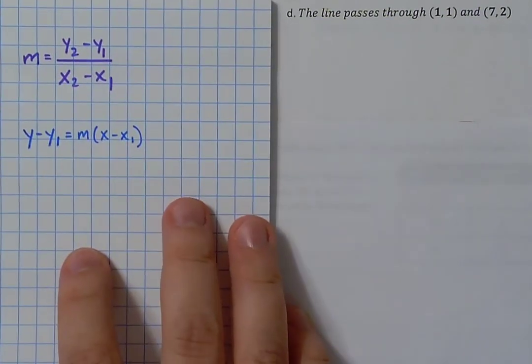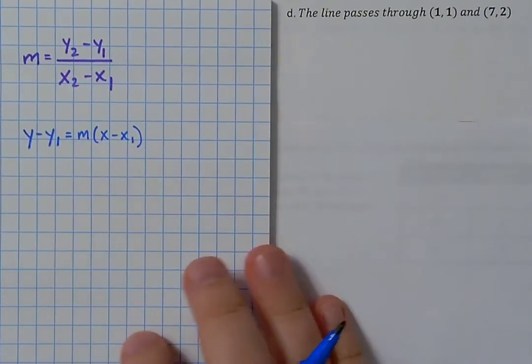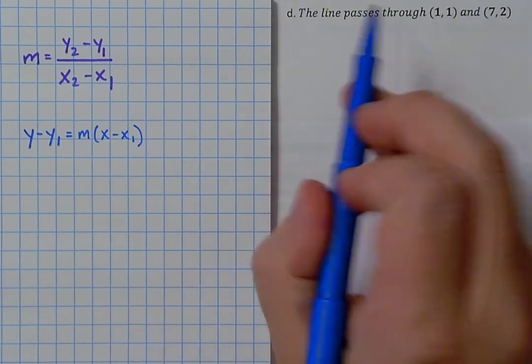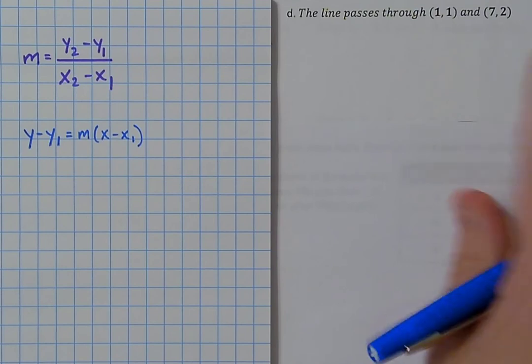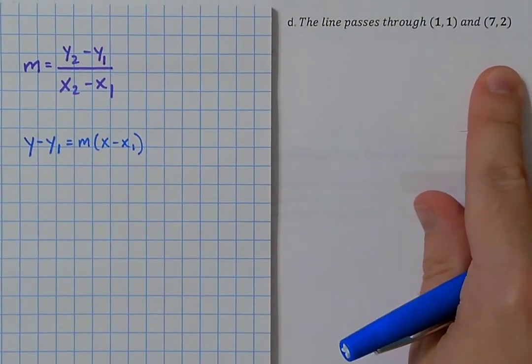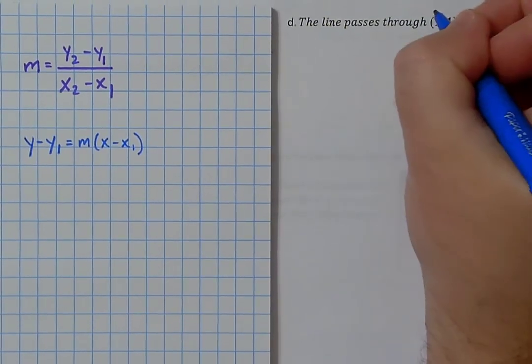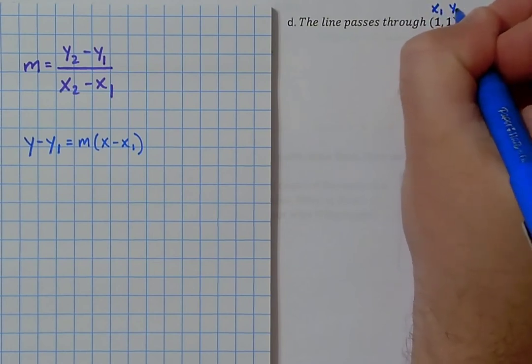Let's do one that's a little more fun. Let's take a look at D. For D, they state that the line passes through 1, 1 and 7, 2. So that's going to be my x1, y1, and my x2, y2.